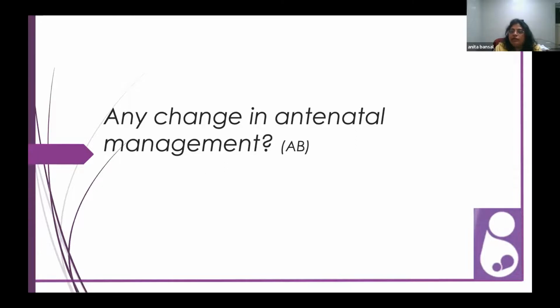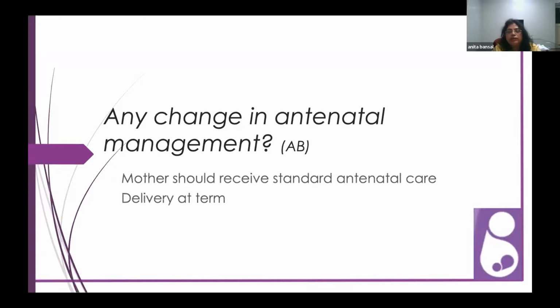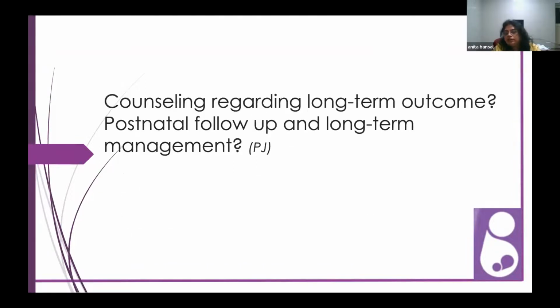When we tell them that 70% of them are going to be normal, and only 30% will have problems, 15% will have some minor problems, and 15% may have severe neurodevelopmental delays, sometimes they probably don't understand it that well. So a clear counseling has to be done. Otherwise, the standard obstetric management has to be done, and they have to be supported in their decision throughout the pregnancy. The delivery at term has to be there, and the mode of delivery has to be decided as per the obstetric indications.